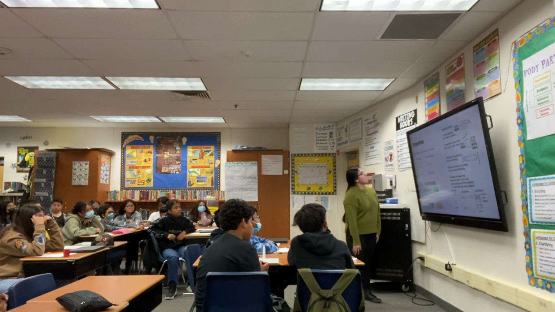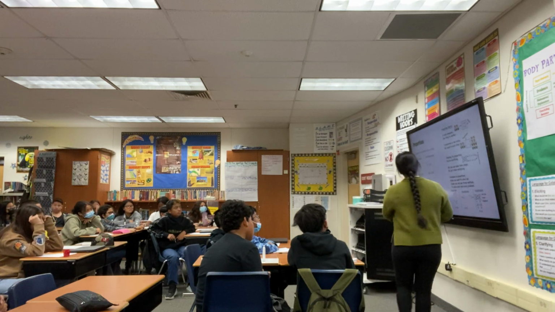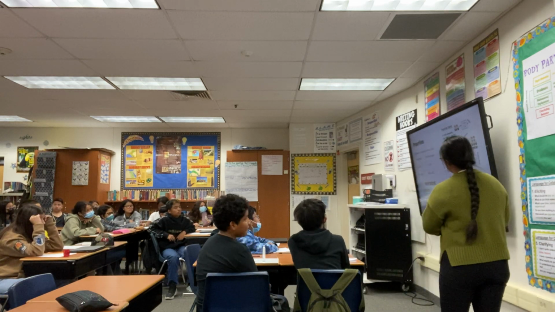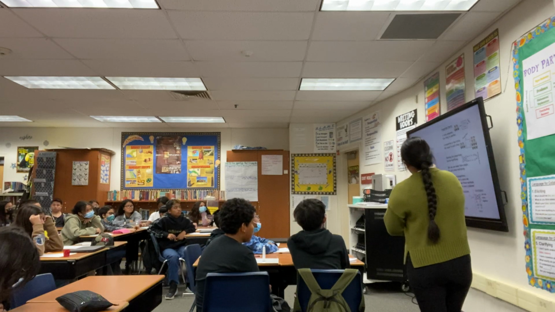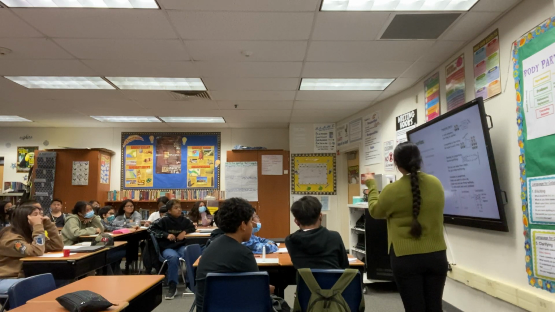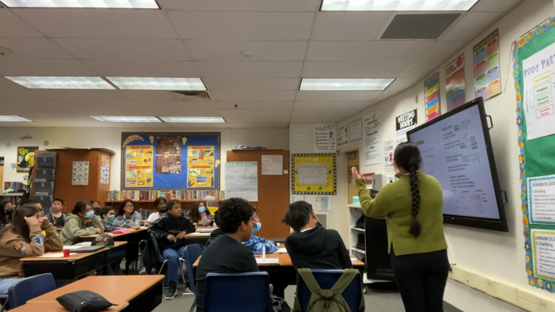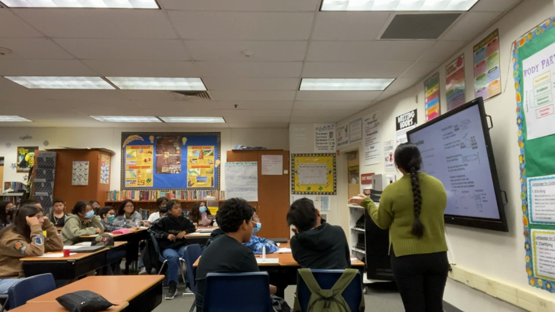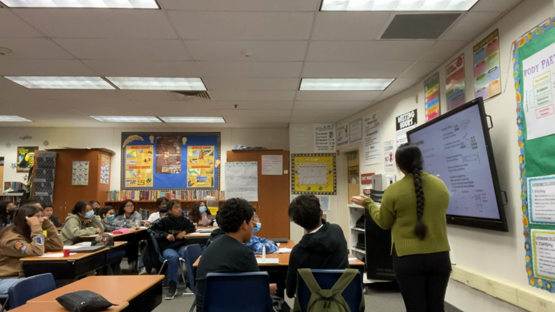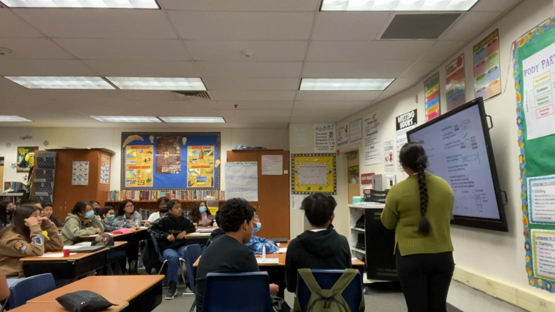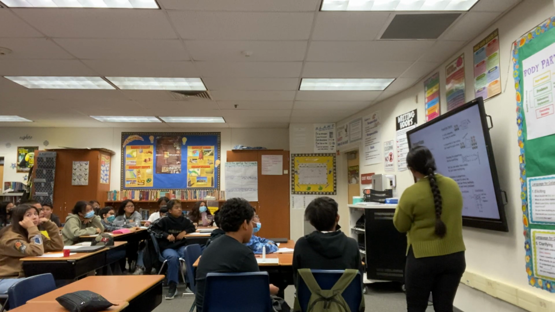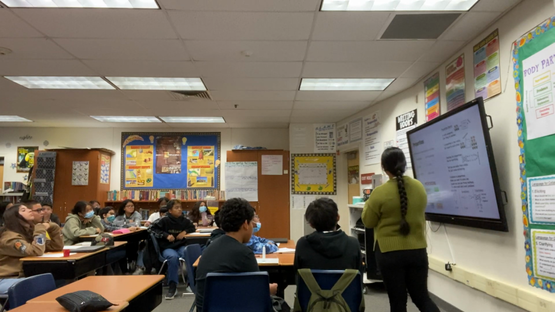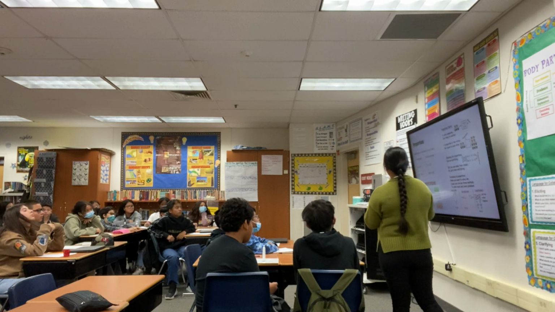Now proportions. The definition says a comparison of 2 ratios. I put a little table chart for what's proportional, an example of a proportional equation, and what is not a proportional equation. So for the proportional equation, there's 3 over 4 equals 6 over 8.